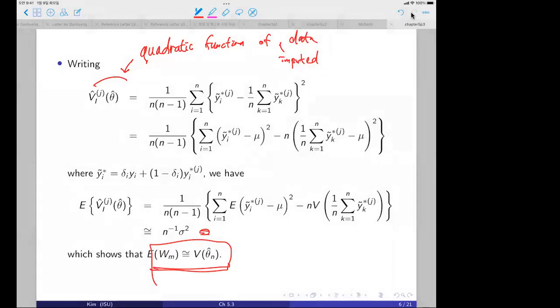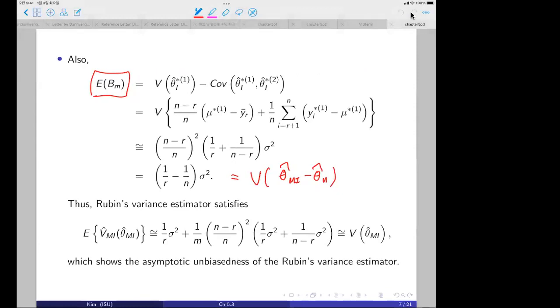And then the second part, it's the same story, but you can see what is the y bar mi at the end of the day. That is essentially y bar r, approximately. So this is actually y bar r minus y bar n.